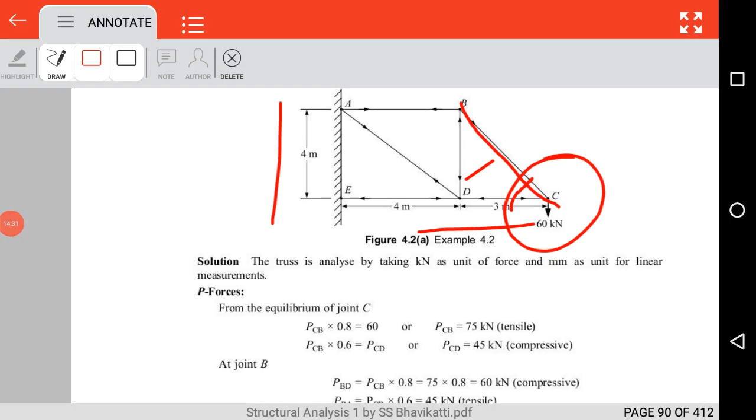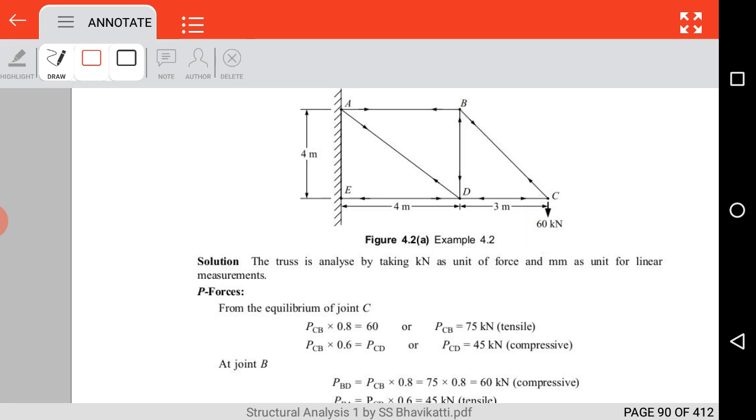If we resolve the force along the horizontal direction, it will be cos theta, and in the vertical direction, it will be sin theta. Applying the equations of equilibrium, summation H equals 0 and summation V equals 0, we find that the force in the member CB is equal to 75 kilonewton and CD is equal to 45 kilonewton.